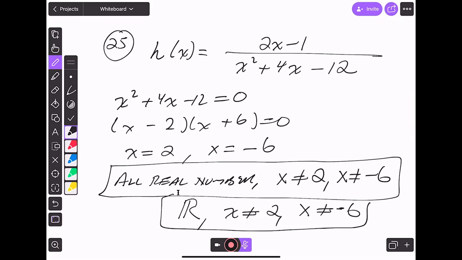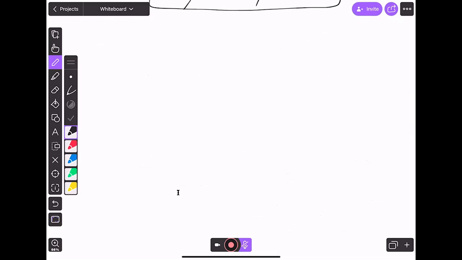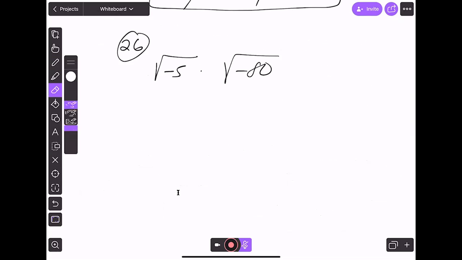Let's go to 26. And this is going to be the square root of -5 times the square root of -80. Well, one thing I recommend to you is once you see that minus number in that even root, you've got to take care of it. And that's going to be i root 5. Oh, I see that 80.